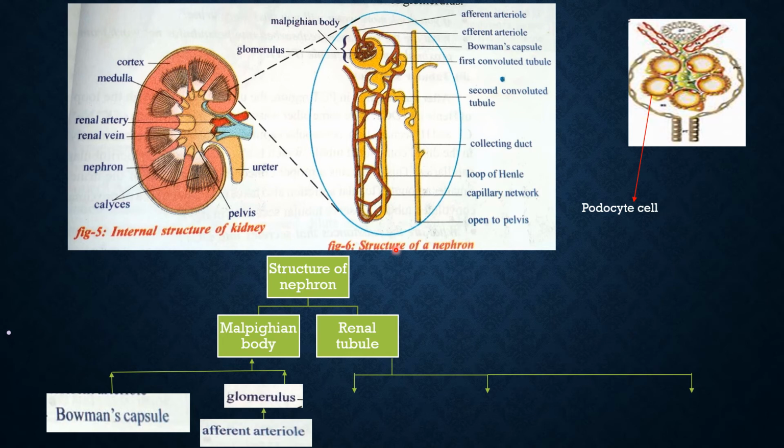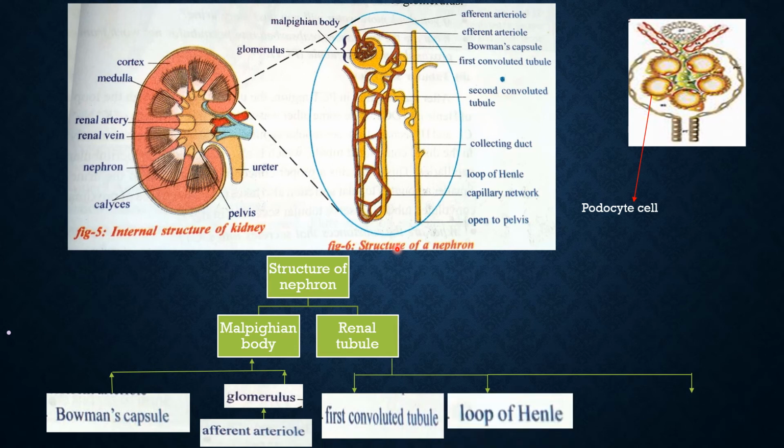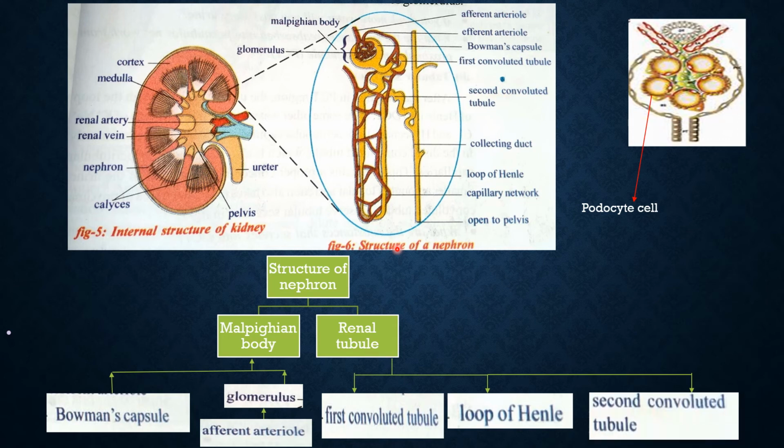Renal tubule has three parts. First is the proximal convoluted tubule, that is PCT. Then the loop of Henle, which is U-shaped. Second is the distal convoluted tubule, that is DCT.